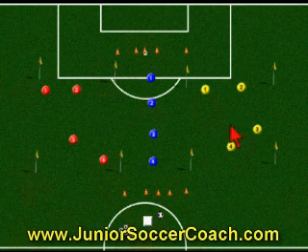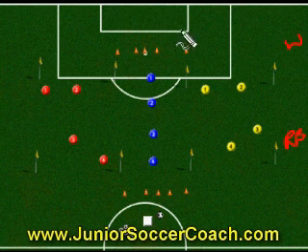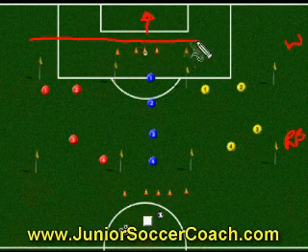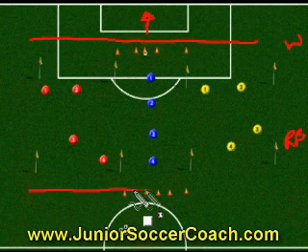Now, the reason why we've set it up in this area of the pitch is primarily because you might have a right back and a winger attacking this goal down here. So from a positioning point of view, this is the area of the pitch where they would need to orientate themselves.